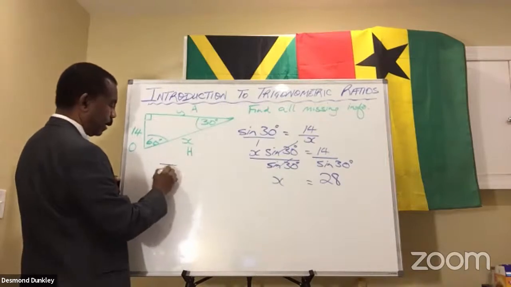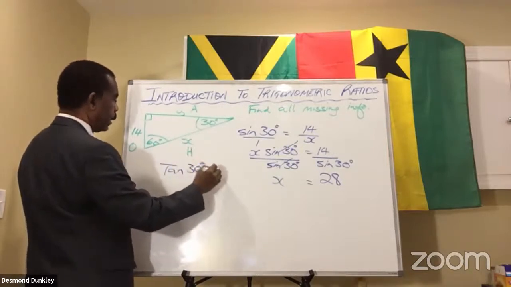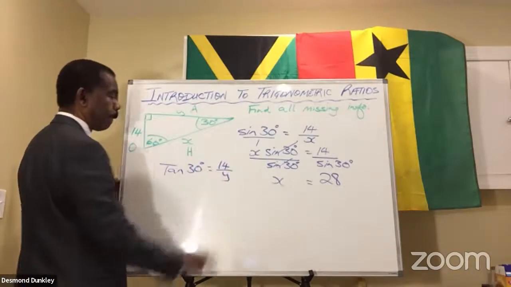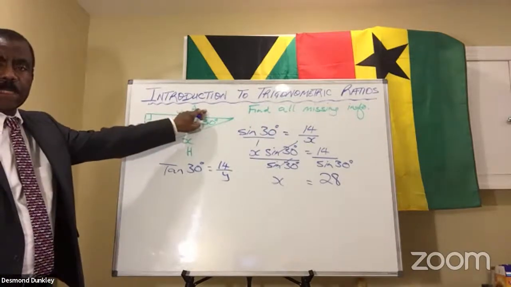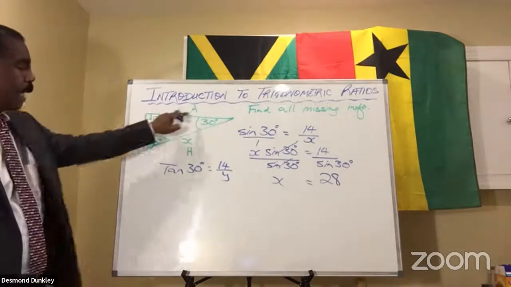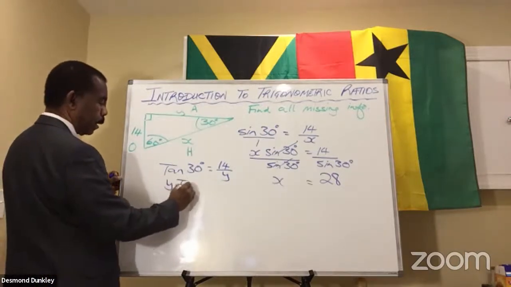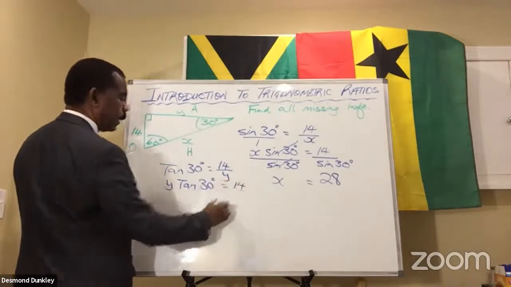So tan 30 degrees is equal to 14 over y. Opposite over adjacent, 14 over y. So y tan 30 is equal to 14.